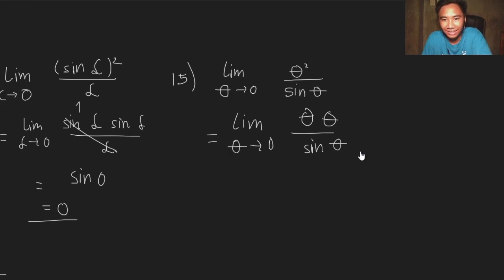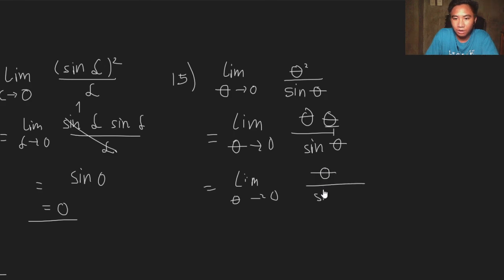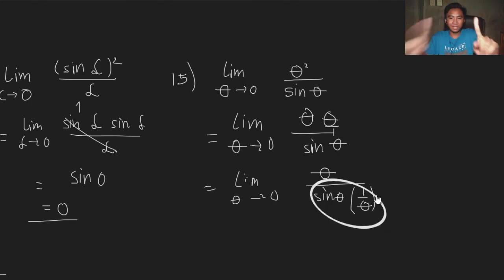So, ang gusto natin gagawin, kasi ito all over 1. Ang gagawin naman natin, ipapababa natin siya. Theta approaches to 0. So, magiging theta sine alpha multiply to, ito, reciprocal din natin, nasa baba yung theta, tapos nasa taas yung 1. So, ito again is equal to 1 lang. You know? So, kapag equal to 1 lang yan, so, substitute lang natin si theta, 0. So, magiging 0 na lang ang sagot.